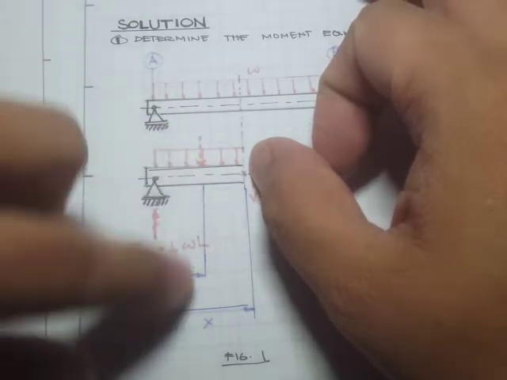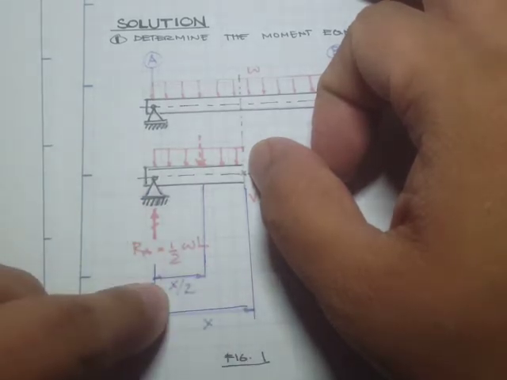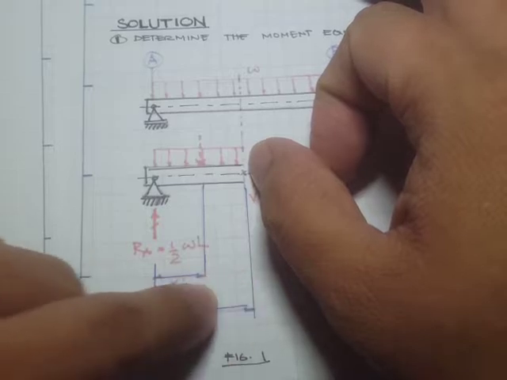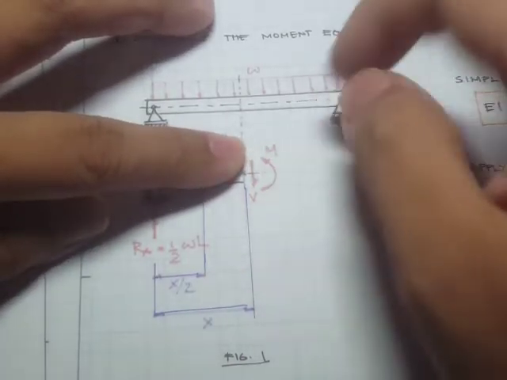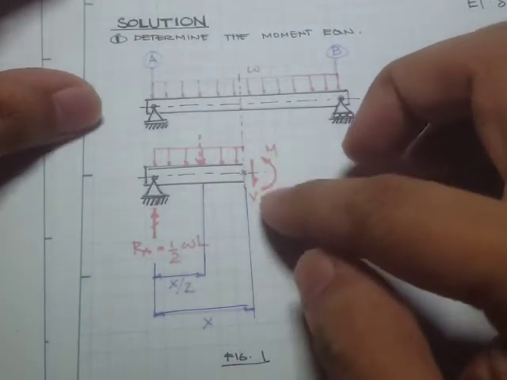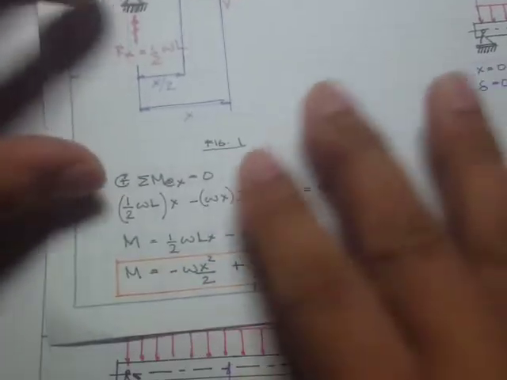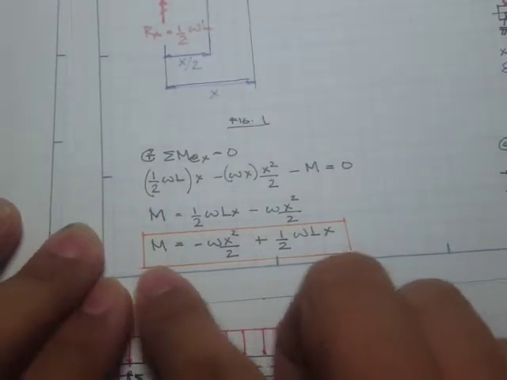And the distance is x over 2. Of course, this is x, so if this is x over 2, then this is also x over 2. And I also have to take into account the internal force, the concentrated bending moment. And when I apply that, I obtain this equation.